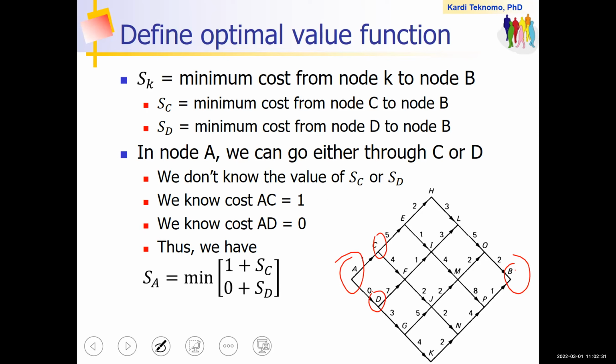So from node A, you can go either to C or D, okay? So we don't know from C to B, okay? We don't know from D to B, right? We don't know.